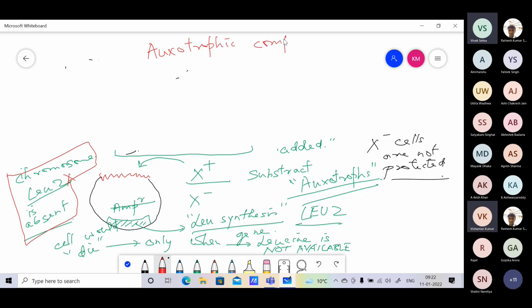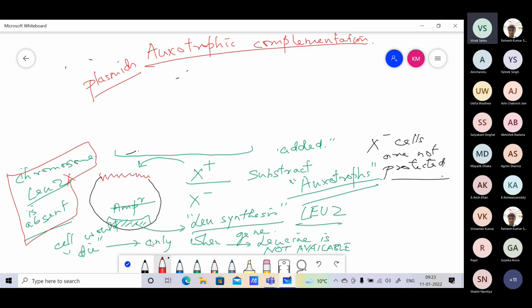So we are doing auxotrophic complementation, and so many plasmids do a lot of auxotrophic complementation even in nature. They contain genes which are very important for various properties that the cell may or may not need for its survival. And as a matter of fact, there are a lot of plasmid biology studies, which I will not go into, which allow these things to happen.